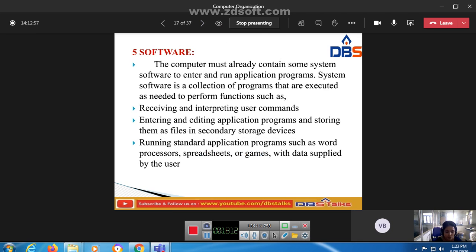Next, coming to software. The computer must already contain some system software to enter and run the application programs.